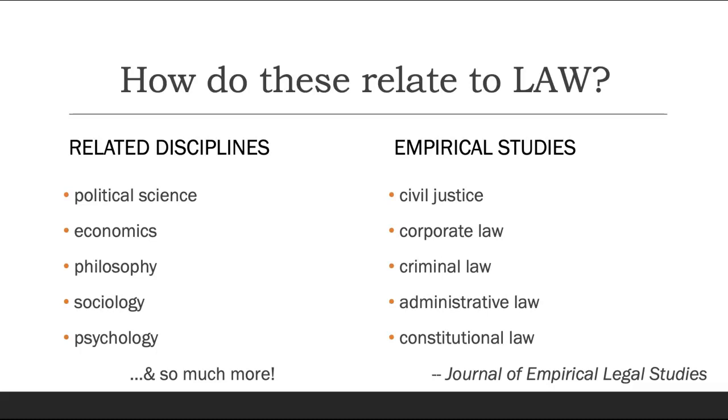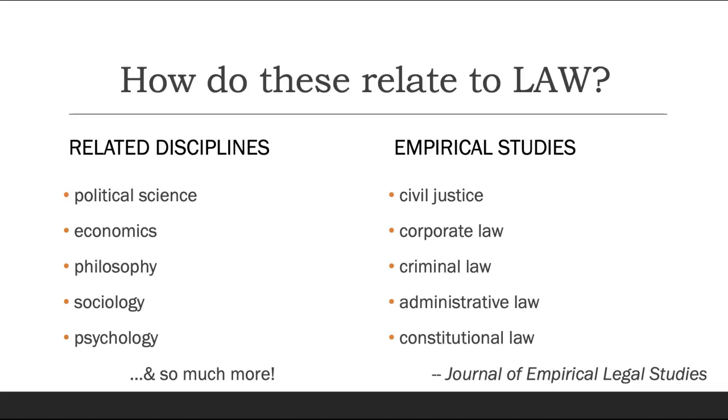Now at right we see some areas of law that are most frequently referenced by the Journal of Empirical Legal Studies. So what does that mean? These are some of the areas of law where we're seeing more and more discussion of empirical research.